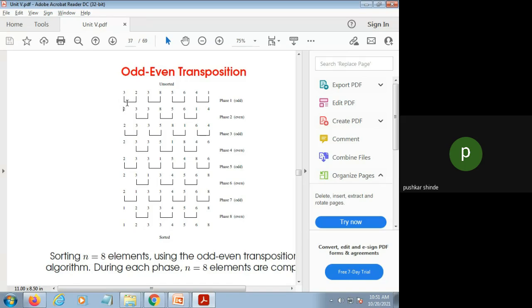The parallel runtime will be theta of n. Odd index processors will do the odd phase compare exchange, and even index processors will do the even phase compare exchange. Same as it worked for serial, the only difference is that processors will handle each number.